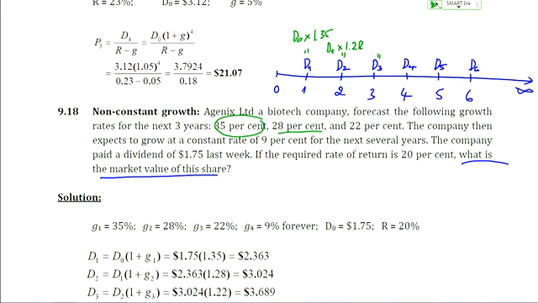D3 will be D2 times 1.22. Agree? How about D4? Will be 9% higher, so D4 would be D3 times 1.09. D5 will be D4 times 1.09. D6 will be D5 times 1.09.